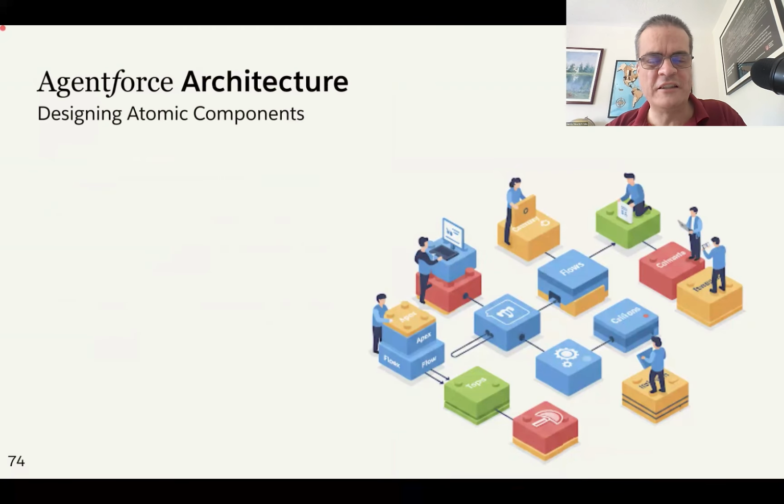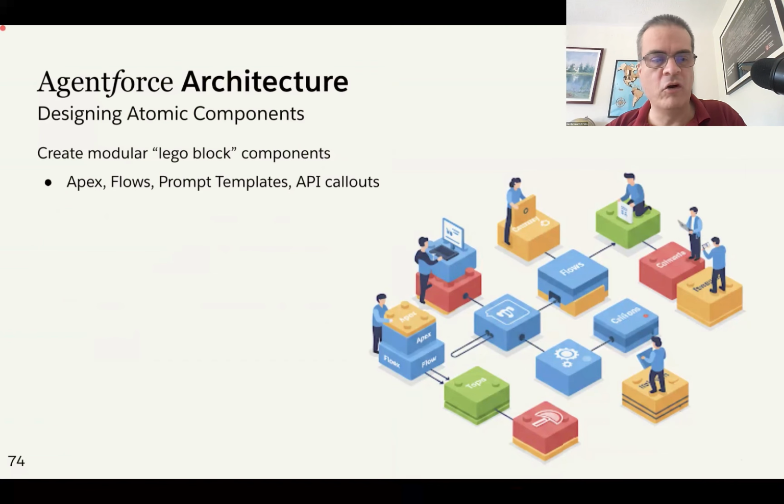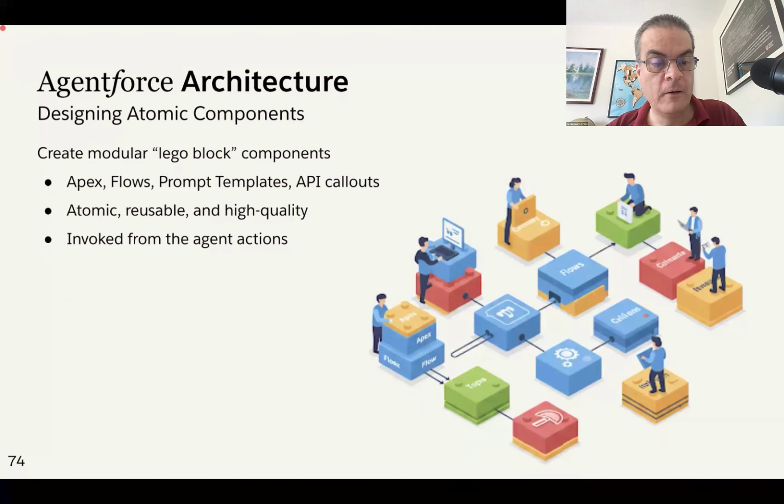The other thing is that you start thinking about building atomic components. What's an atomic component? Think of it like building Lego blocks. Apex, flows, prompt templates, API callouts. Those should be atomic, reusable, and high quality. They should have one job and one job only, and they should do it well. You've probably heard about this before.